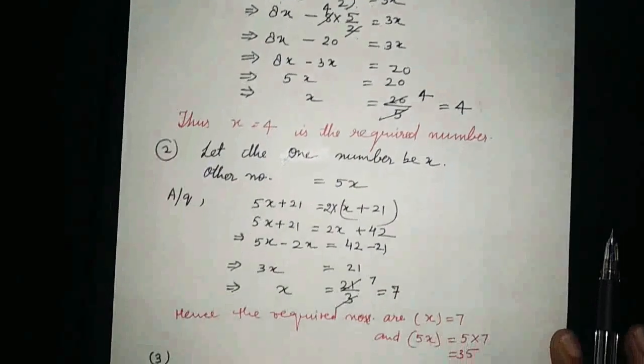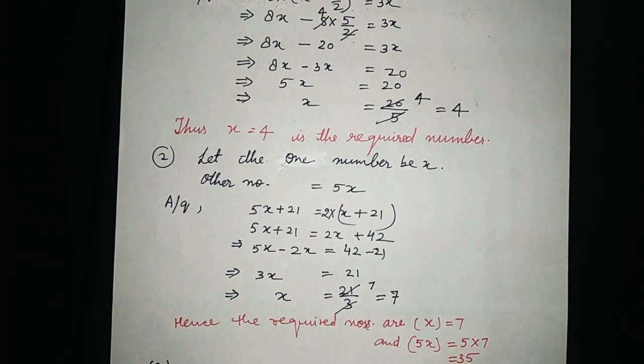Now you see question number 2 in your book. Question 2 is: a positive number is 5 times another number. If 21 is added to both the numbers, then one of the new numbers becomes twice the other new number. What are the numbers?